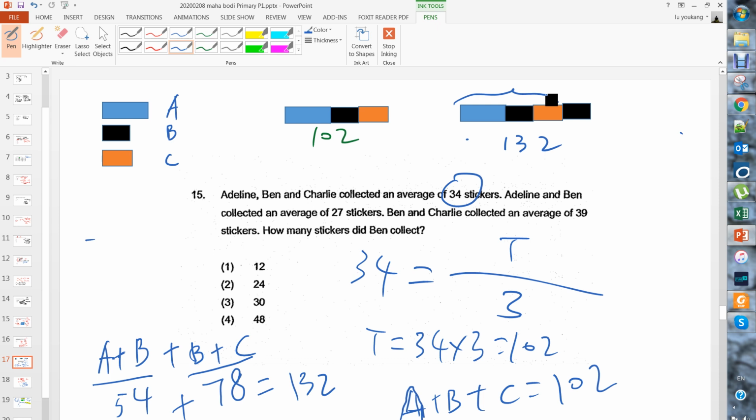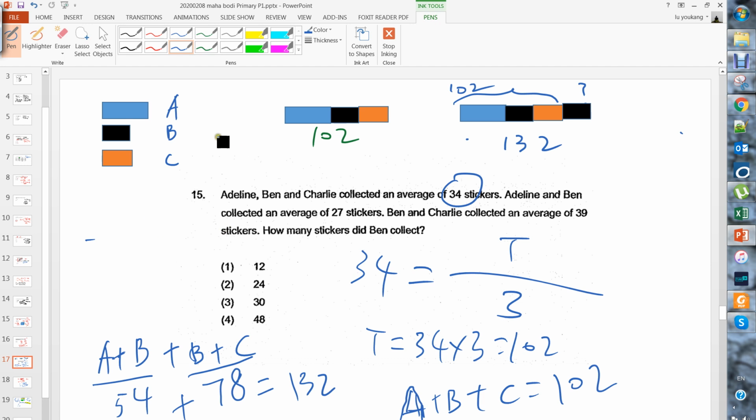Blue, black, orange give you how much? 102. Very good. So what's the black then? How do you find the black? What's the operation to find the black? 132 minus 102. Very good, which is 30. So that means my B, the black one, is 30.